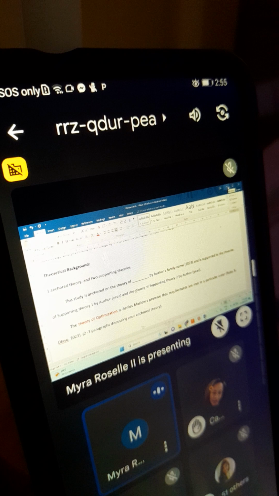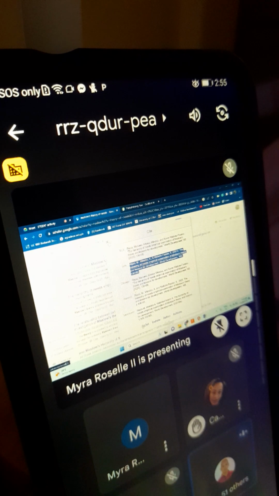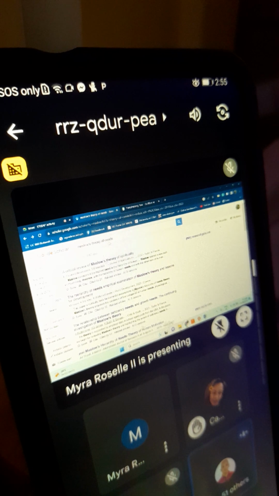Any question this time? I have a question. Yes. Isn't it stated in your presentation earlier that we need to have 2 to 3 paragraphs? Which means the additional 2 to 3 paragraphs will be taken from the same source?